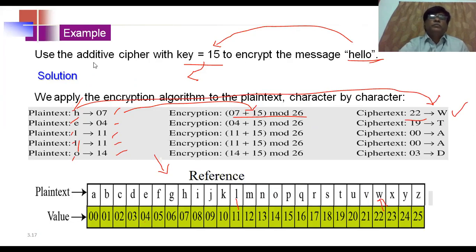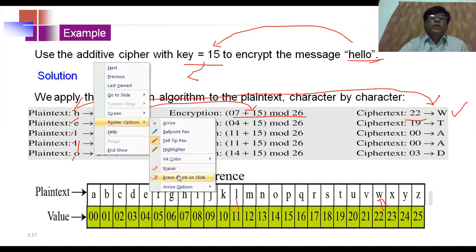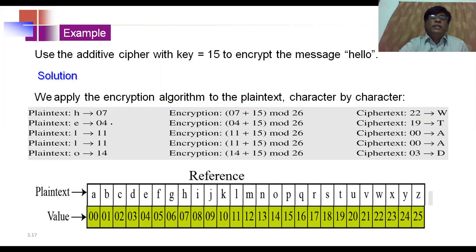Now the character E: after adding 15 to the 4, its value is 19. Mod 26 means 19. The equivalent character for 19 is T. Like that, for each and every character, after adding the key value, we got these characters in the ciphertext.